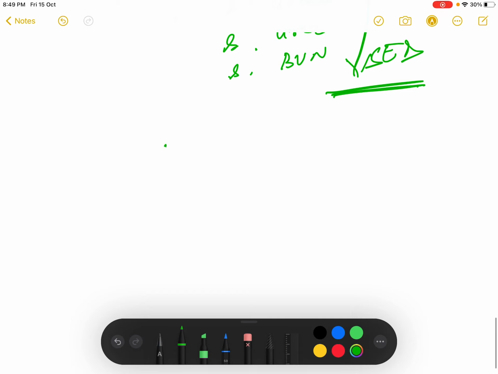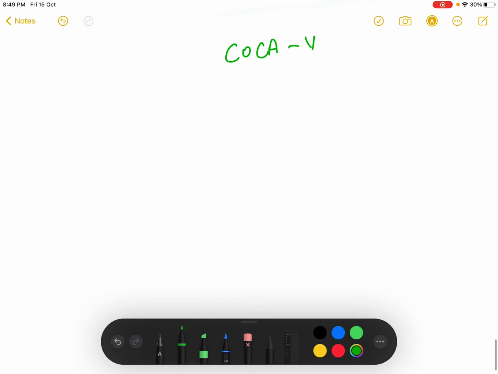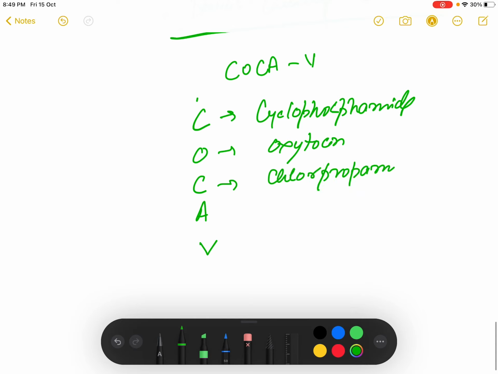Okay. Now which drugs cause SIADH? Drugs causing SIADH. These drugs are carbamazepine, cyclophosphamide, oxytocin, chlorpropamide, which is a first generation OHA, not used nowadays.